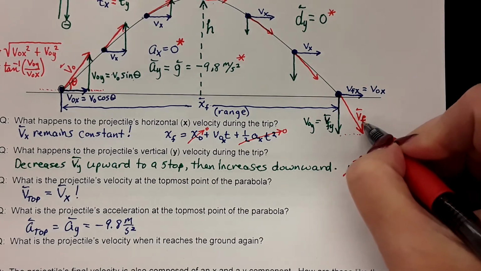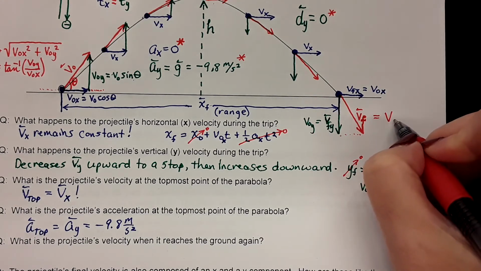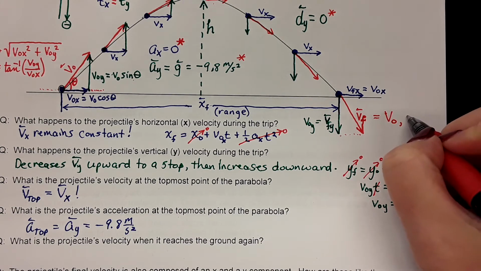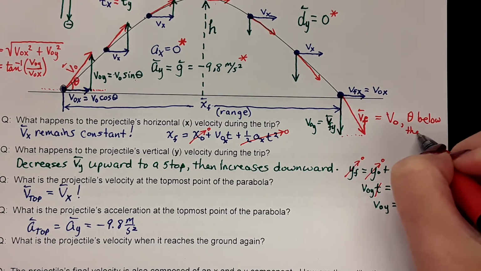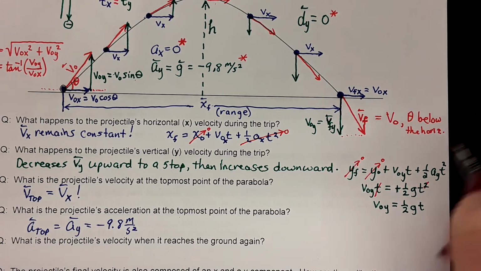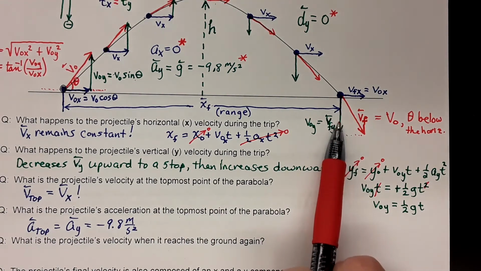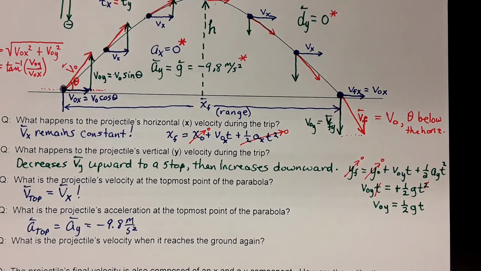It means that the final velocity has a magnitude that is the same as the initial velocity, but it's at the same angle below the horizontal rather than above. That's the only difference. The y component is now pointed down instead of up, so that changes the angle from above to below the horizontal. Still in the forward direction, but below instead of above.